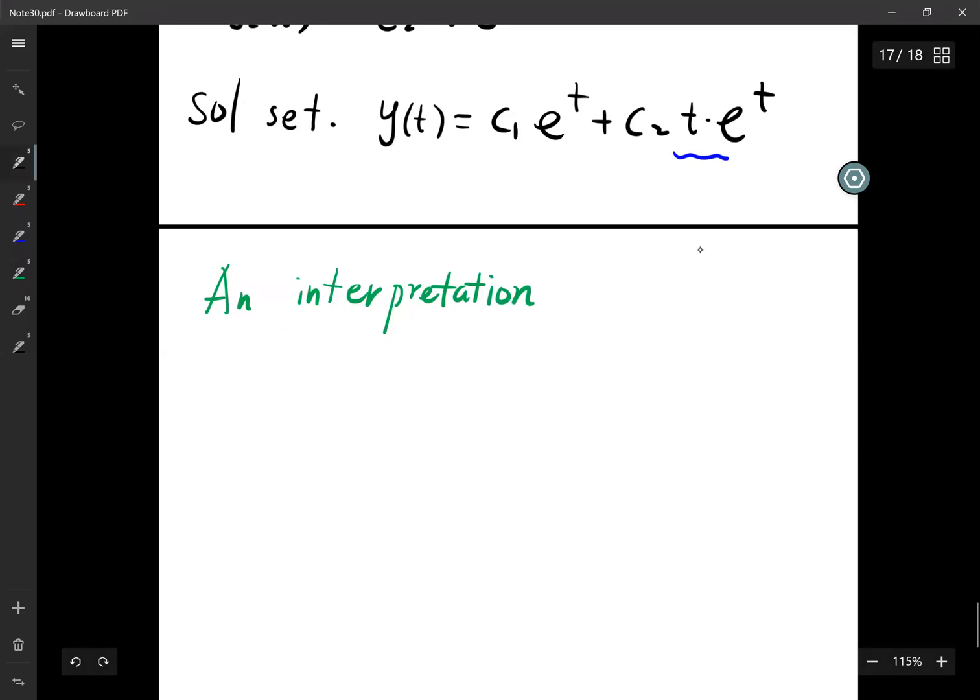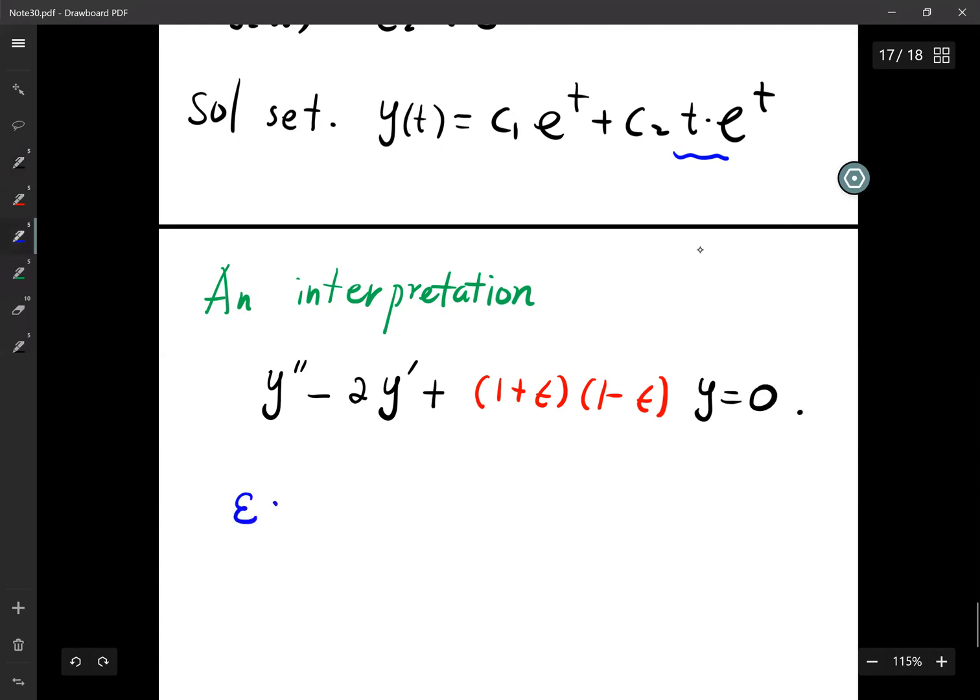This interpretation requires a little bit of knowledge of calculus, which involves taking limits. Hope you still remember how this procedure goes. It's pretty simple. I consider a modified problem: y double prime minus 2y prime plus (1 plus epsilon)(1 minus epsilon) times y equals 0.